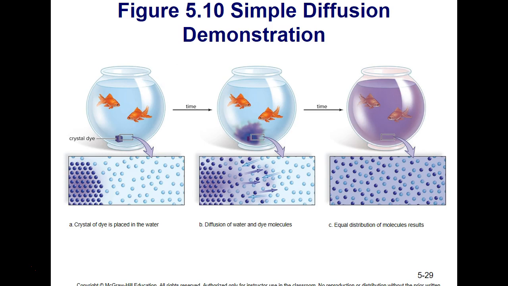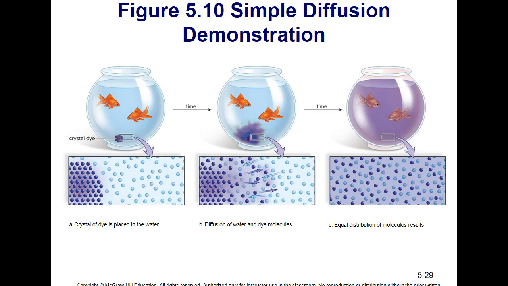So they're going from an area of high concentration to an area of low concentration, which means they're moving from the left side to where? The right side. So they're going from high to what? Low. Water is also moving from an area of high to low concentration. So what you're going to see in letter C is an equal distribution of both the dye and the water molecules.